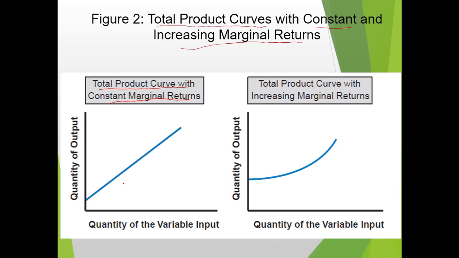Let me again repeat it so that I can make it simpler for you to understand. Over here we have quantity of variable input. As you can see, as we go from left to right, the quantity of variable input is increasing and the quantity of output is also increasing.